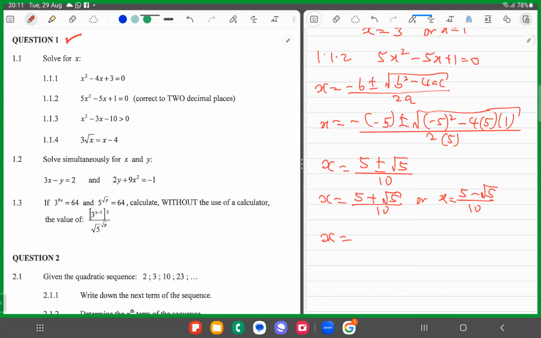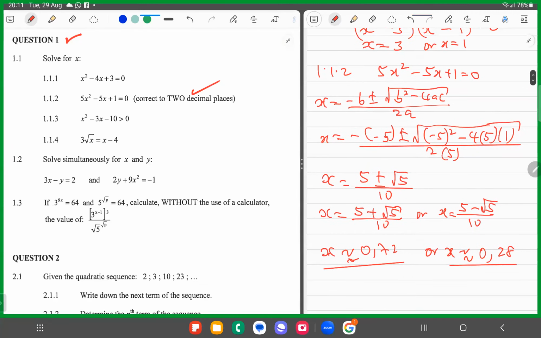When you do this one, the 5 plus is going to be 0.72 approximately. And this one, 0.28. Those are the two answers for 1.1.2 solved to 2 decimal places.